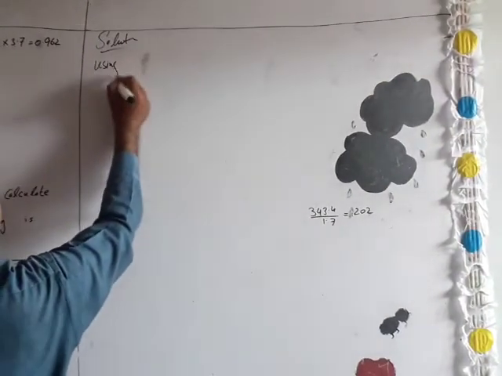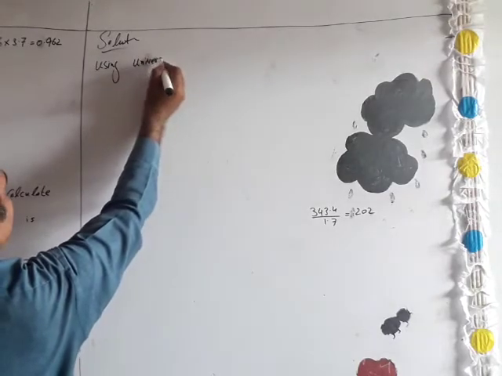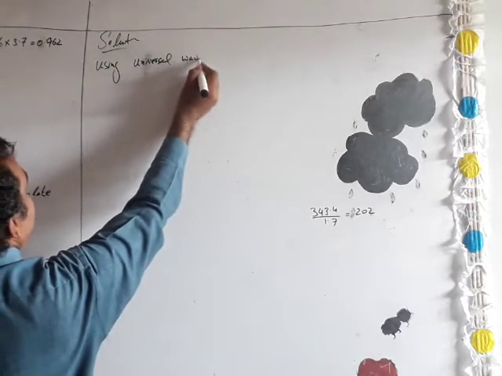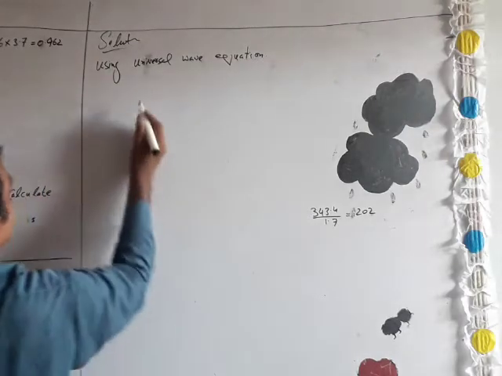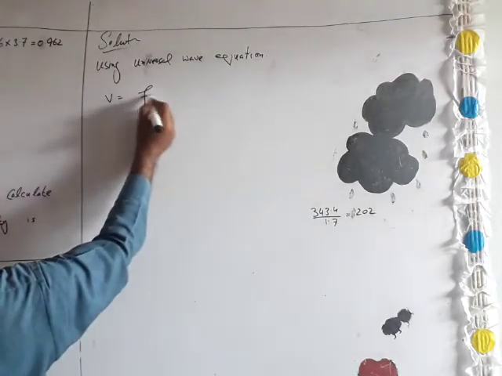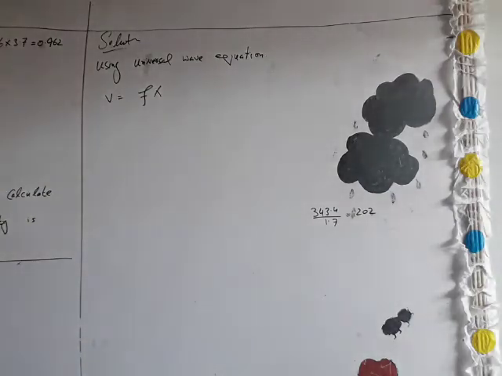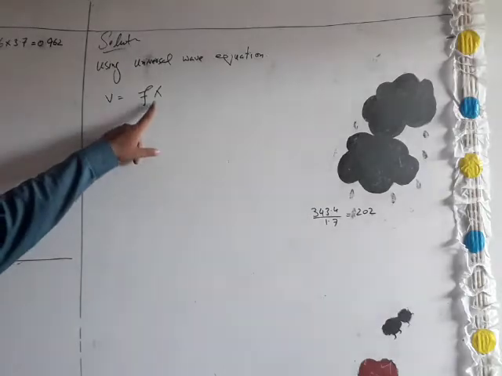Using the universal wave equation, which is v is equal to f lambda. I have to modify this equation for frequency, so I will have to eliminate lambda from here.